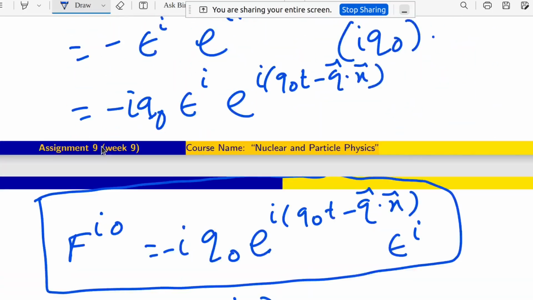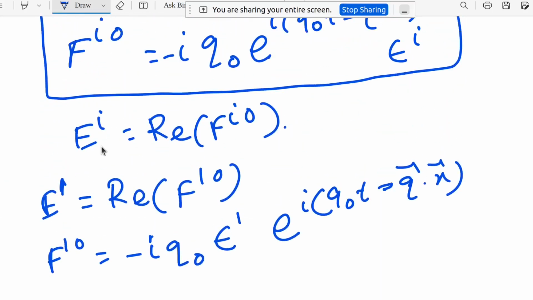Now I am just putting these values here. Minus I root 2 E0, epsilon 1 was 1 by root 2, and this one. So this one is what? Okay, q dot x.